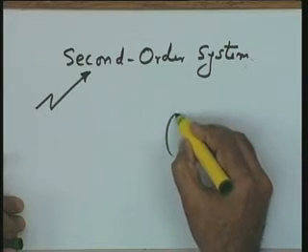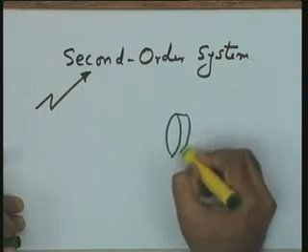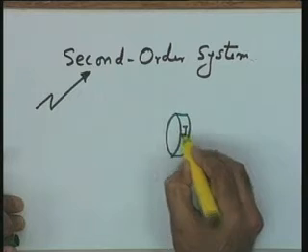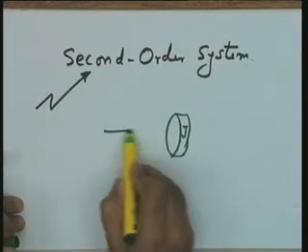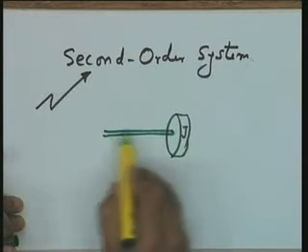Okay? And I would like to give an example of a second order system as well, and the example I give you is that again of a load with moment of inertia J, but in this particular case I make the shaft flexible.